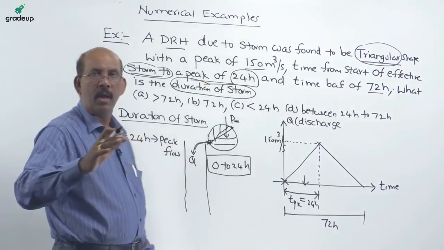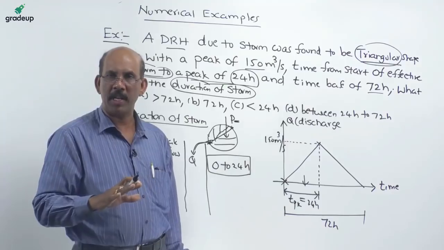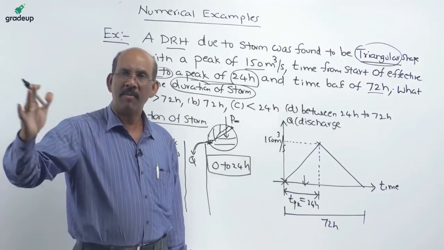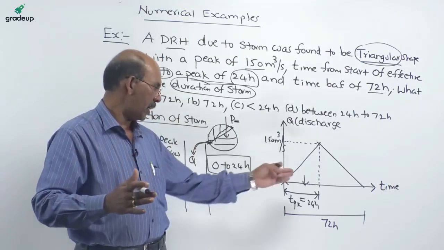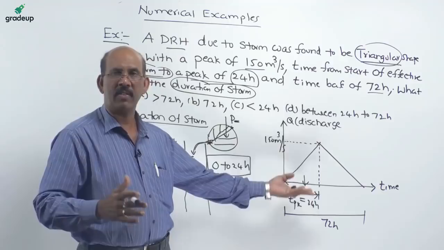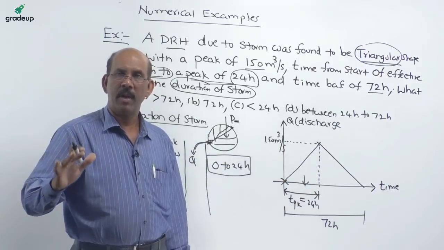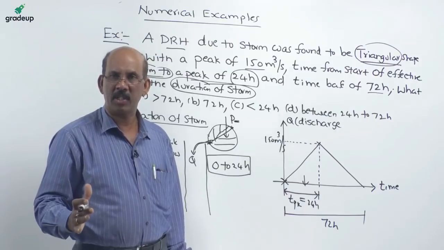That means the peak flow will occur only once the rainfall has already stopped. That means the duration of the storm is somewhere less than 24 hours; it may be the 18th hour, 17th hour, 16th hour, 23rd hour, at some particular time the rainfall intensity stopped.